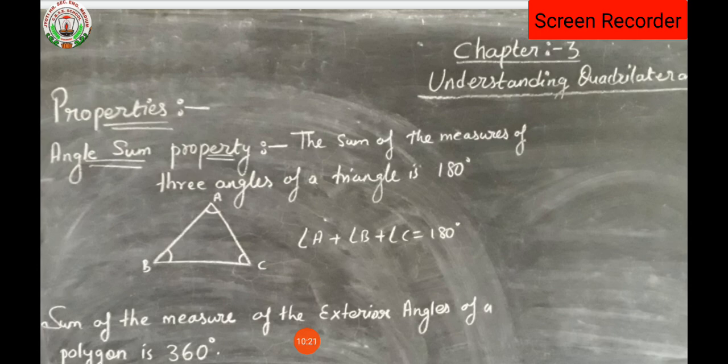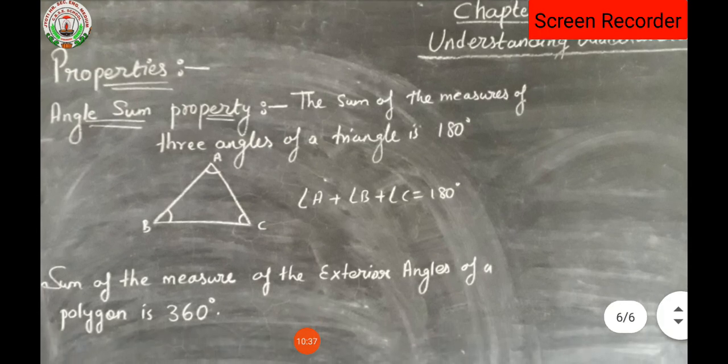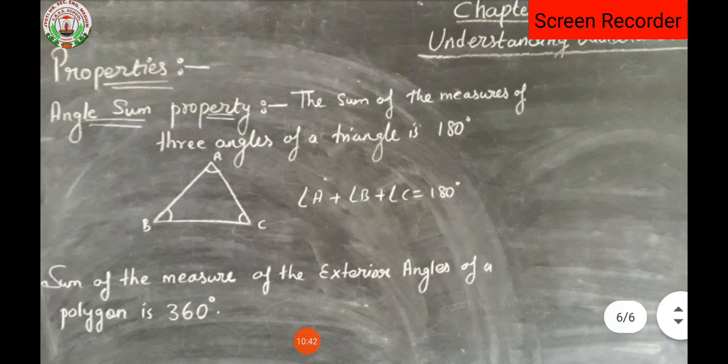Suppose we have a triangle here, angle A plus angle B plus angle C will be equal to 180 degrees. That is, the addition of all three angles must be equal to 180 degrees. Such a property is said to be the angle sum property. Clear?